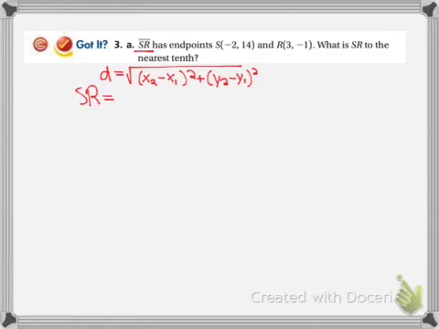I'm also going to label my points x1, y1 and x2, y2. Some of you will not have to do this, but some of you may want to, just so you can be extra careful.